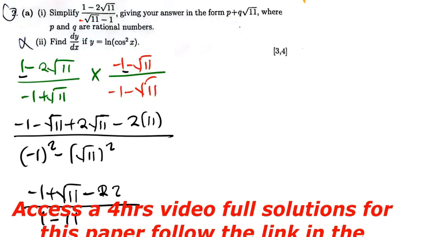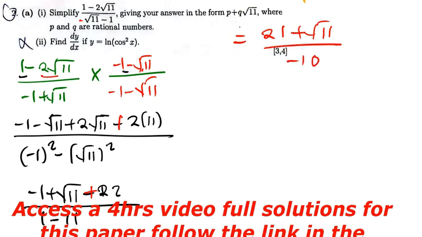Let's just check it here. When we had this times that, negative and negative is supposed to give us positive, right? So that is supposed to be positive. So positive, negative, and that one should be 21. Plus root of 11. I divide this by negative 10.